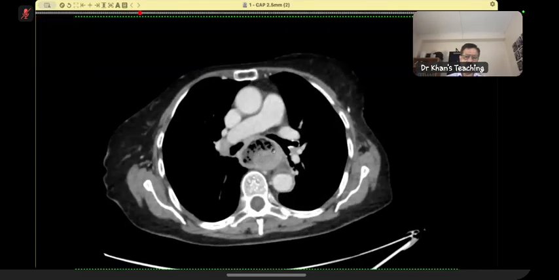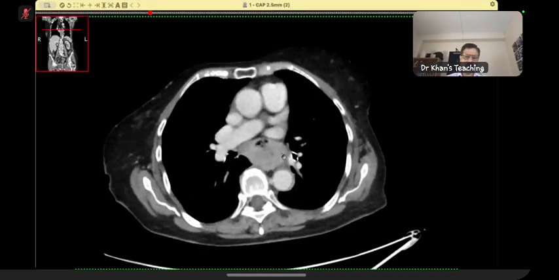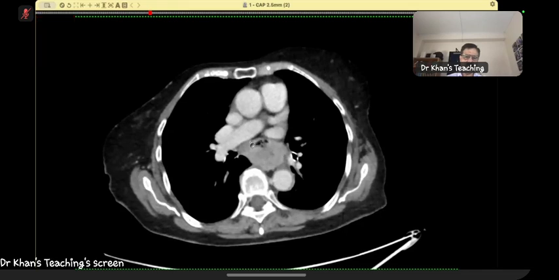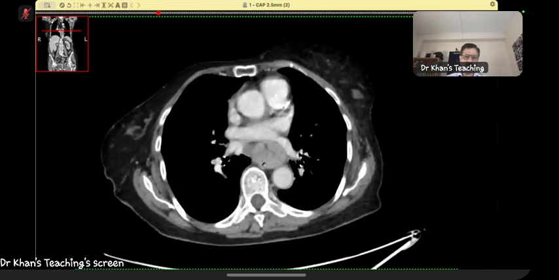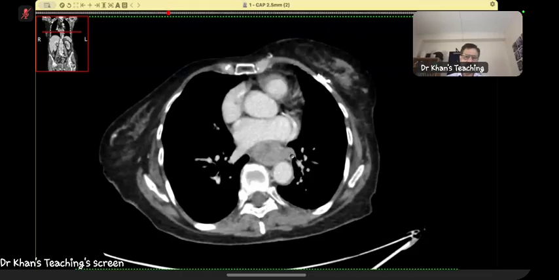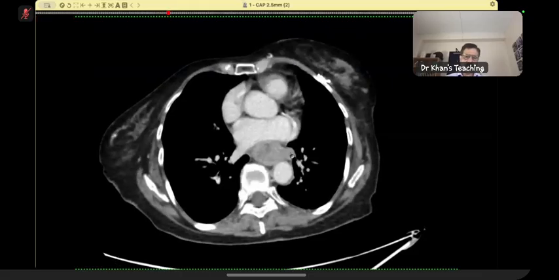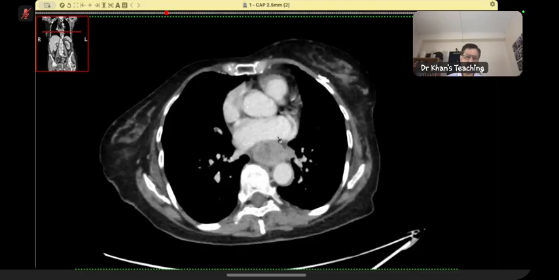As we are going, now this is the left main bronchus. As we are going posteriorly, we can see this lesion. And there is a lymph node here. Now, if you see here, anterior displacement of the left atrium. On a CT scan, you can see it is anteriorly displaced by the mass.